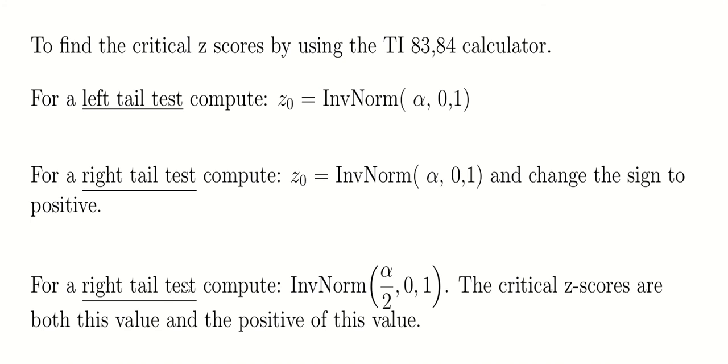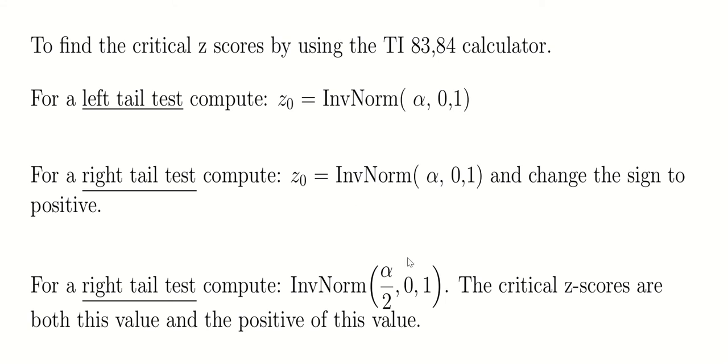In a two-tail test, there are two critical z-scores, and they are found by doing the inverse norm of half of alpha. So you do alpha divided by 2, 0, 1. That will give you the negative of the two critical scores, and then we would also need the positive of the two critical scores.